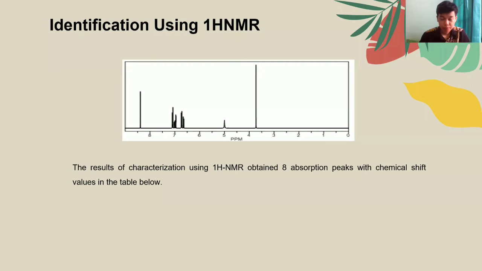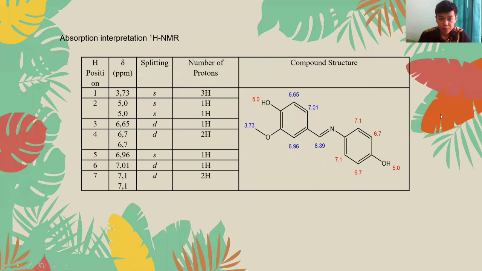Next. Identification using HNMR. The result of characterization using HNMR obtained 8 absorption peaks with chemical shift values in the table below. This is a table of absorption results. The characteristic of the Schiff base compound is an imine group.